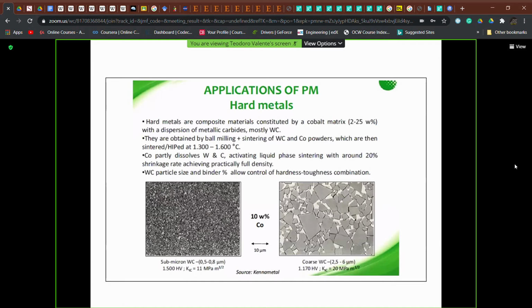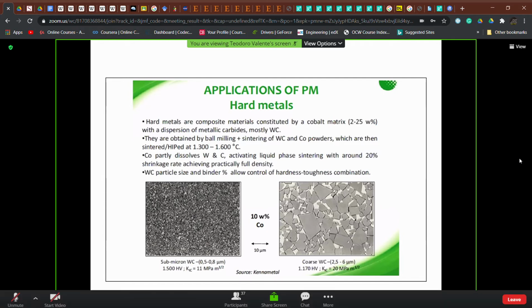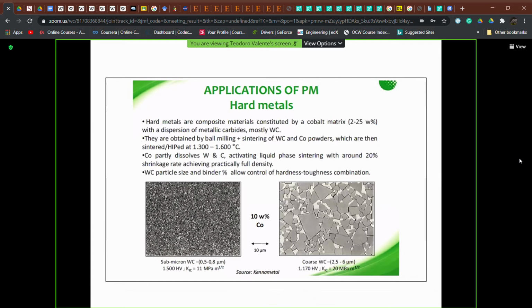It's a ceramic metal matrix material with a cobalt matrix at 25% in weight, and then we have a dispersion of carbides, essentially tungsten carbide. In this case, we usually use ball milling, and then after, in order to have alloyed tungsten carbide cobalt powders, powder metallurgy with sintering.